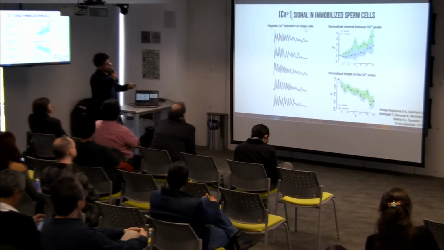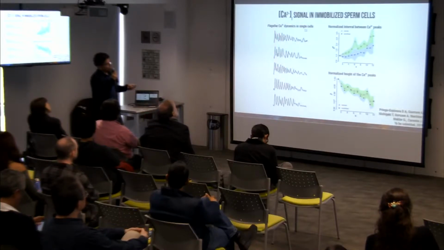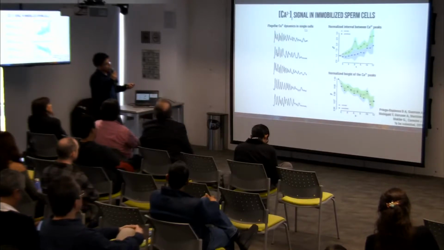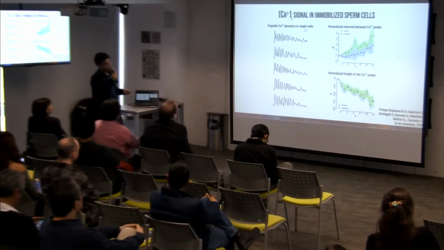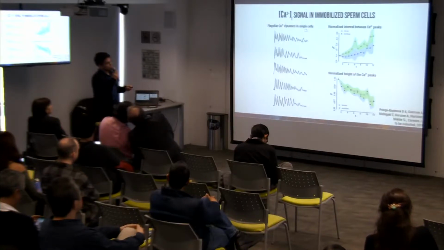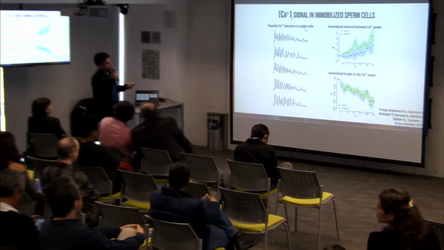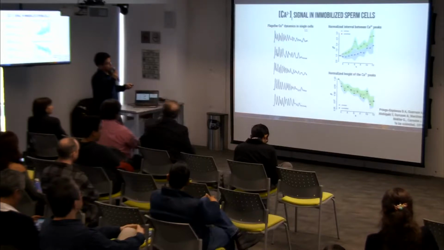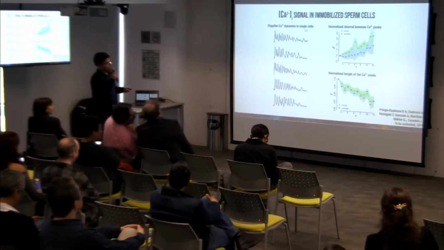These are just some examples of how these calcium signals in the flagellum develop through time at the single cell level. We quantified two essential properties of this signal: the interval between the peaks, and how the amplitude of these peaks changes in time.